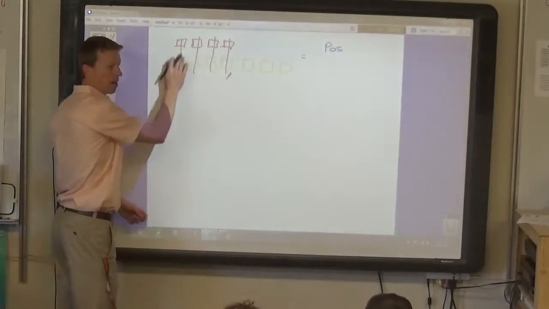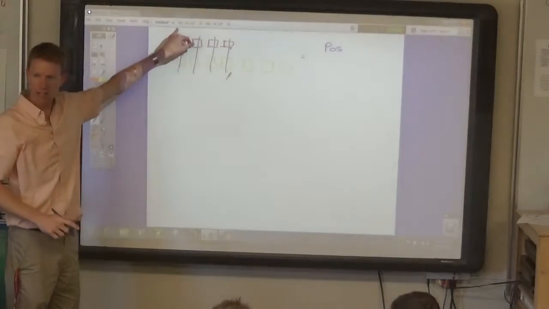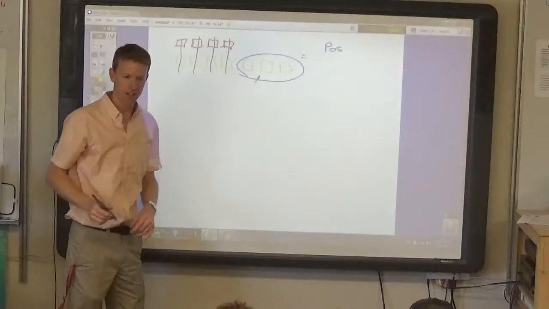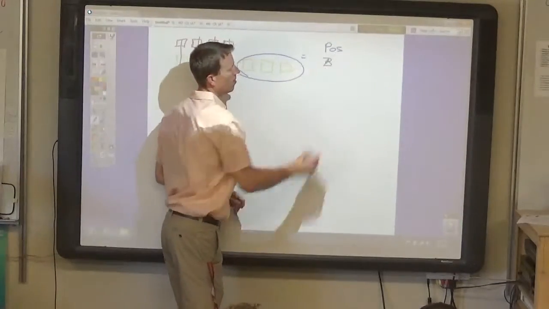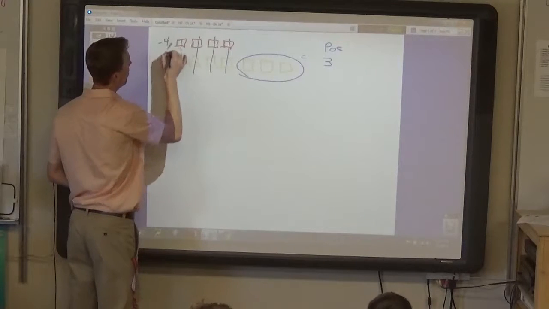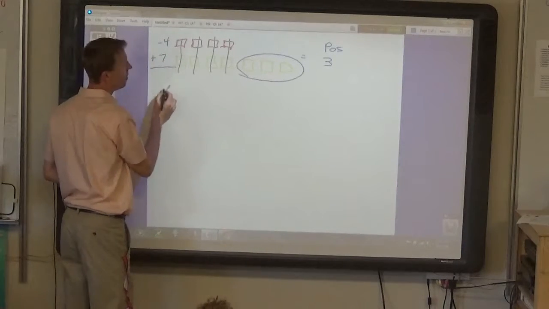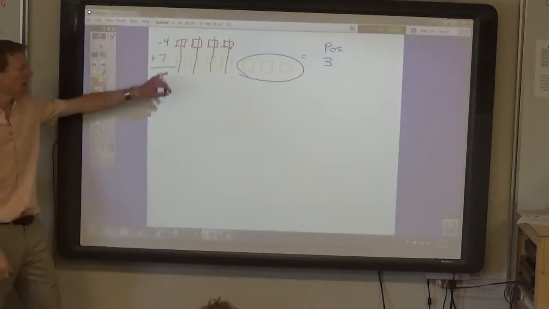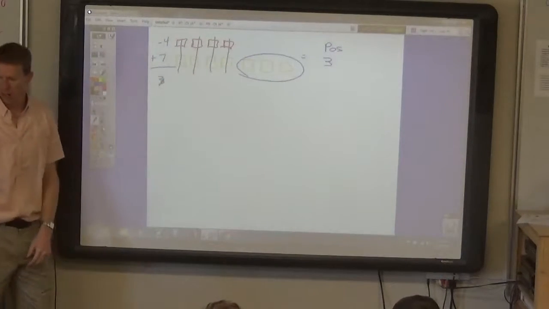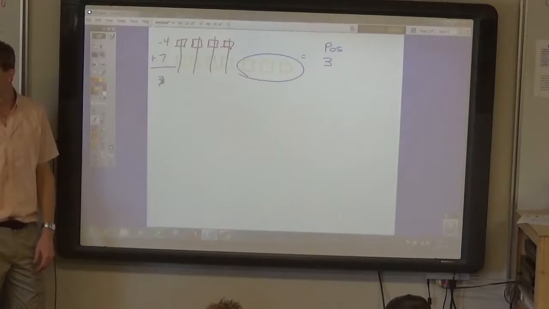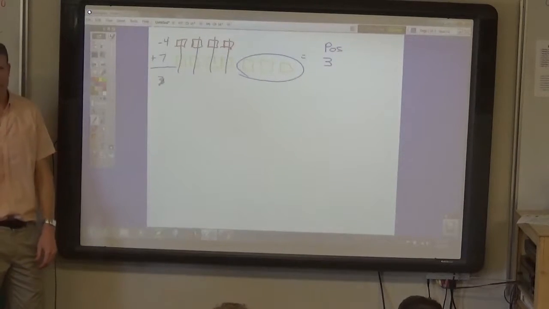For every positive, it cancels out one of the negatives, and you're left with 3 positive. So, -4 plus 7 equals 3. Okay? This is a model of what you would use to solve the problem. And that's how you read the model.